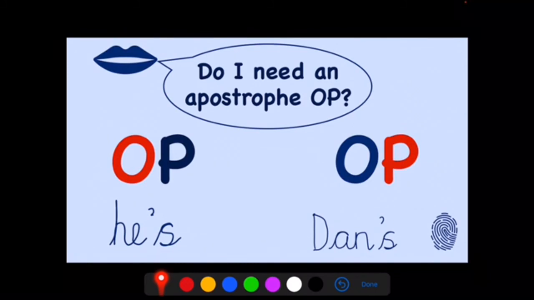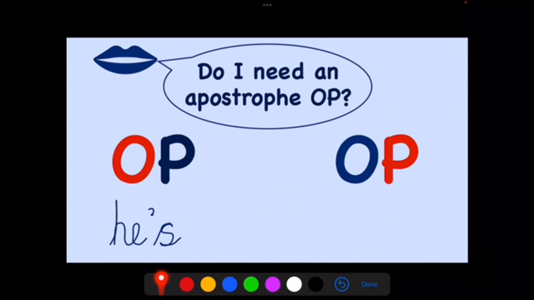And if the name ends in an S, like Innes, we have a choice. We can either use just an apostrophe, or we can add apostrophe S, like we did with Dan's. Innes's fingerprint. And this one is closer to what we say.